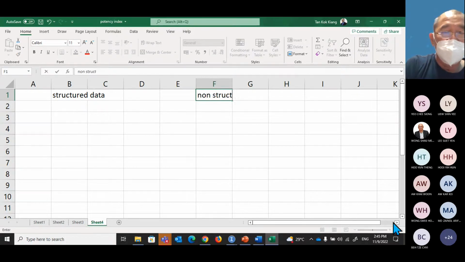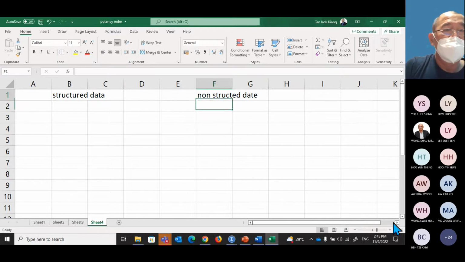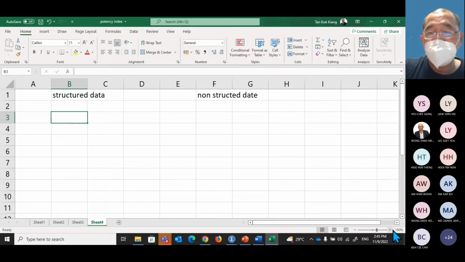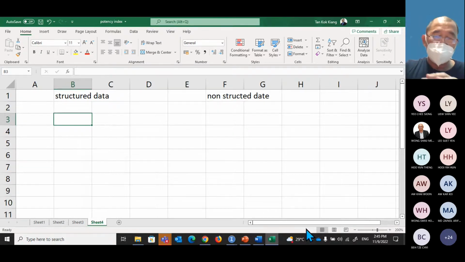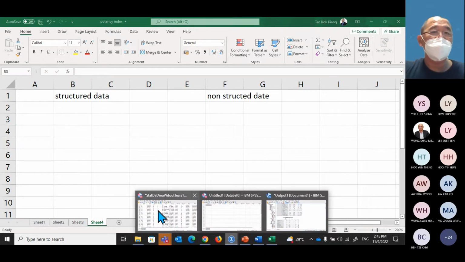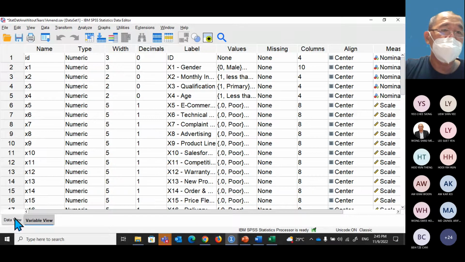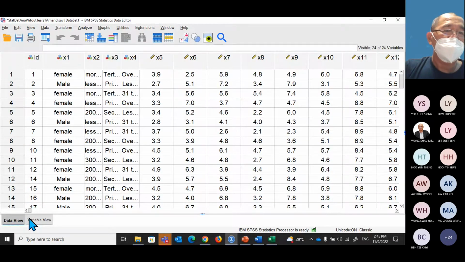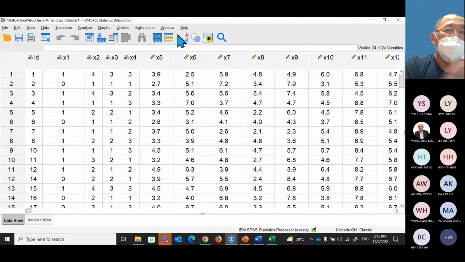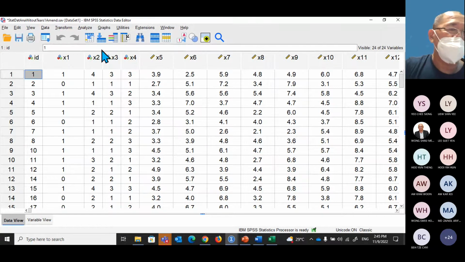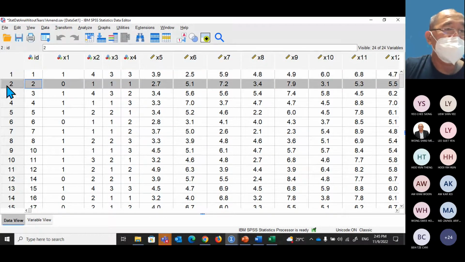So what is the difference between these two? Any data set that you want to apply in this module must be structured. It means the data you are using must be able to be put in a data sheet like this. For example, observation 1 has some variables, observation 2 has some variables.